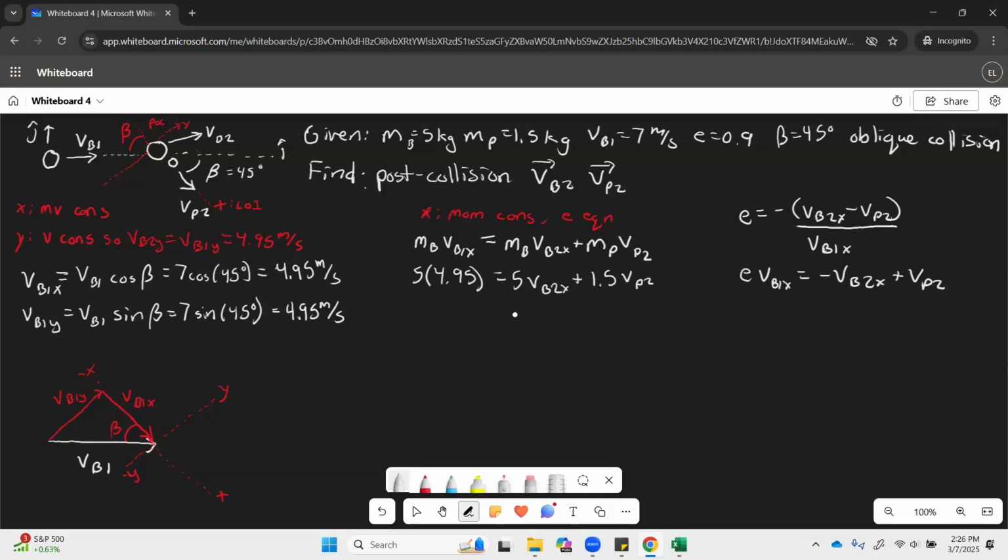And over here, 0.9 times VB1x, which was the 4.55, equals negative VB2x plus VP2. So 2 equations, 2 unknowns. Now I'm going to give you all a few minutes to solve these 2 equations and come up with values for VP2 and VB2.